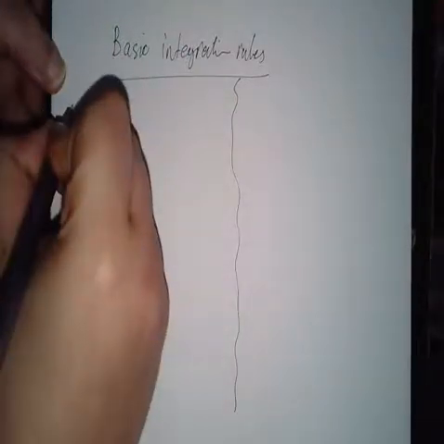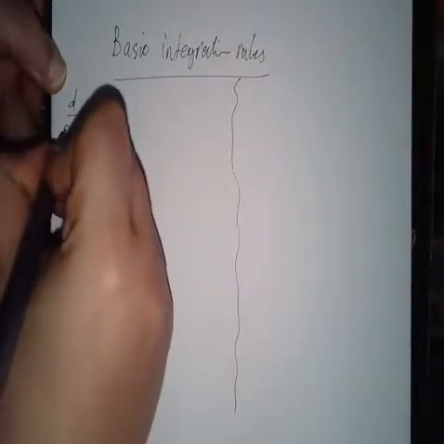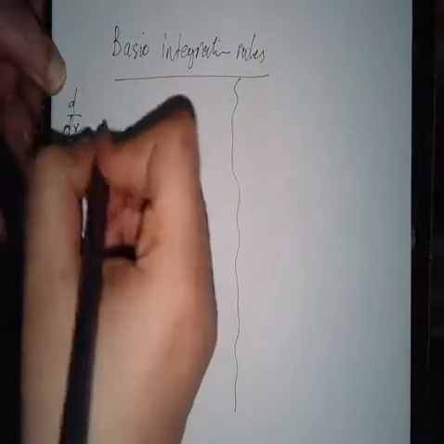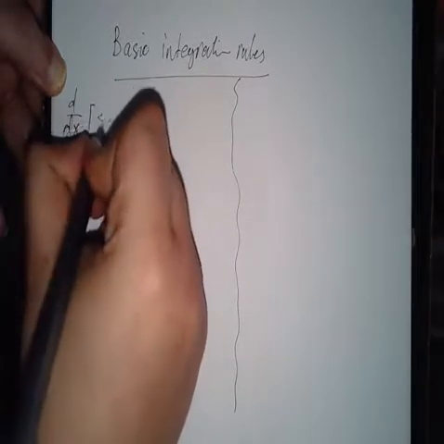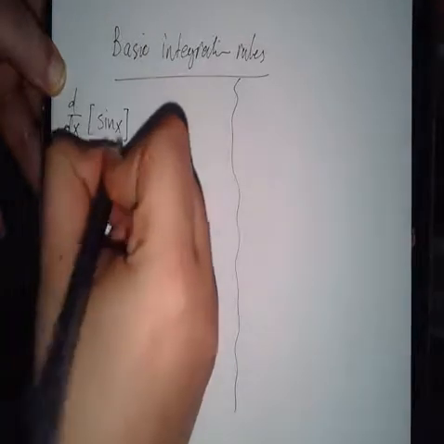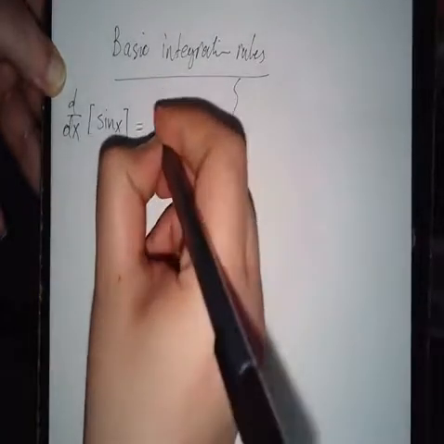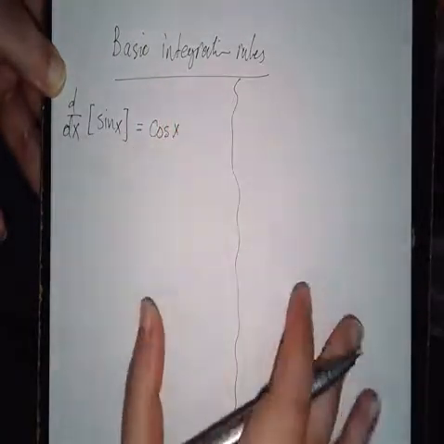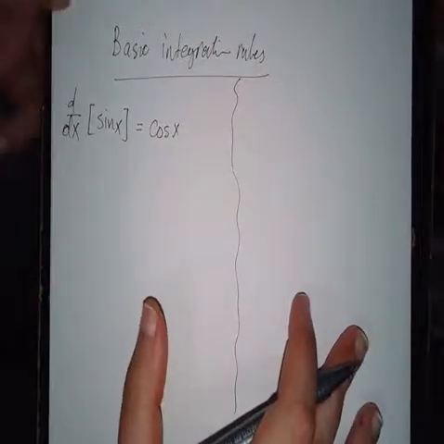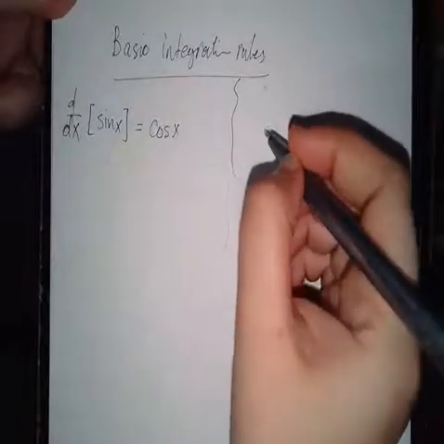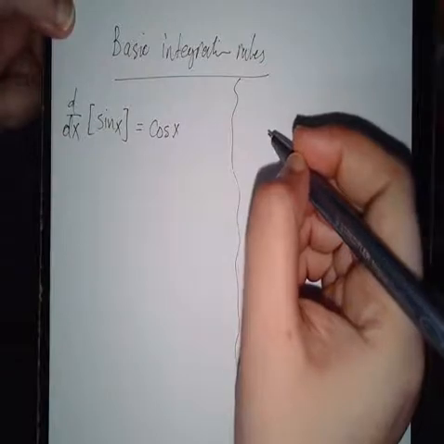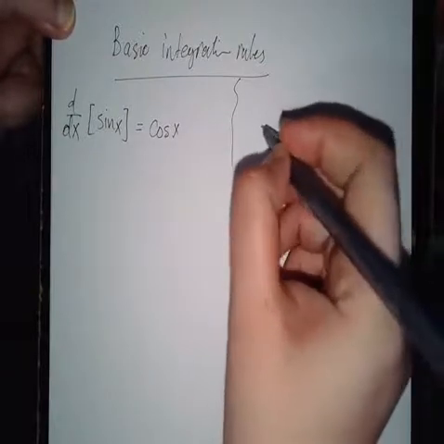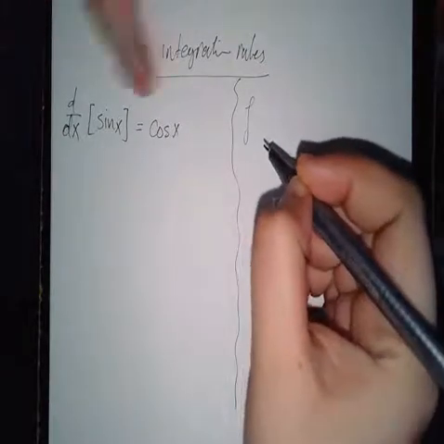So on the left side, let's do d/dx of the function sine x, which equals cosine x, right? So the derivative of sine is cosine. We already knew that. Now let's do the antiderivative of this one.